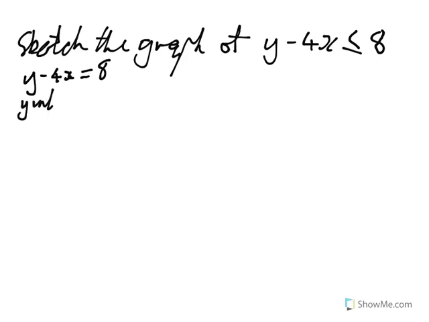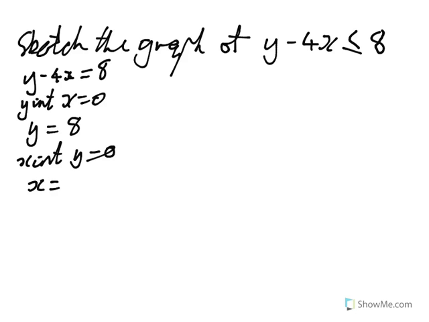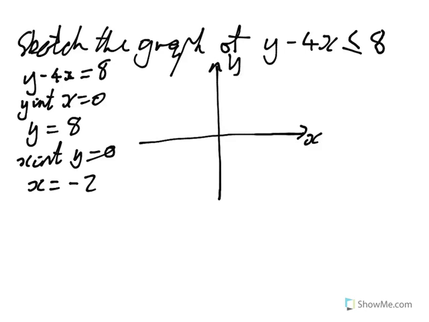For the y-intercept, x equals 0, so y would be 8, and for the x-intercept, y equals 0, so x would be minus 2. So we have a graph that looks like so: 2, 4, 6, 8, 2, 4, 2, 4.